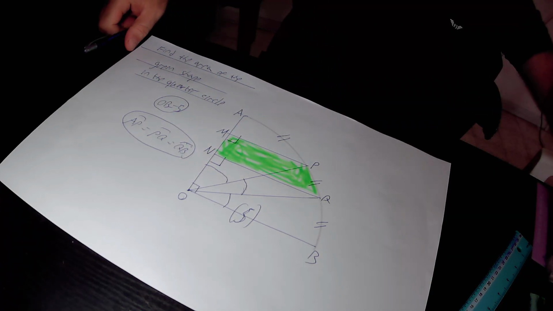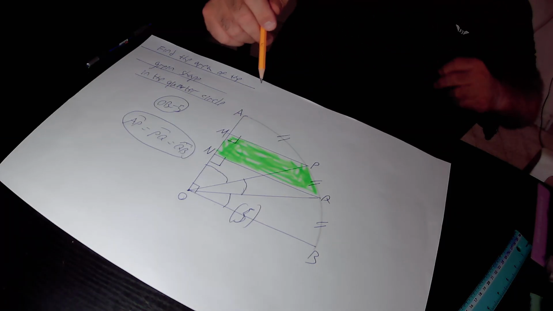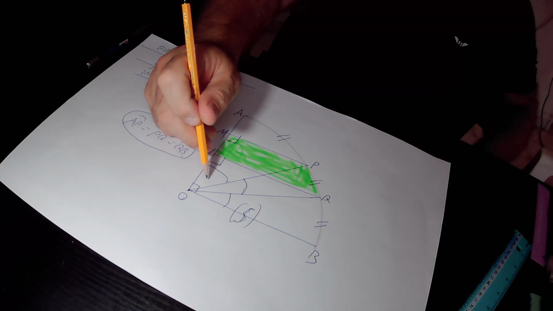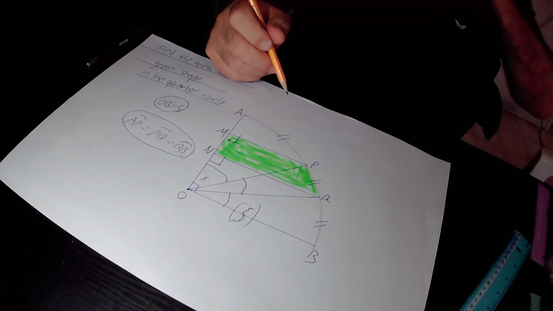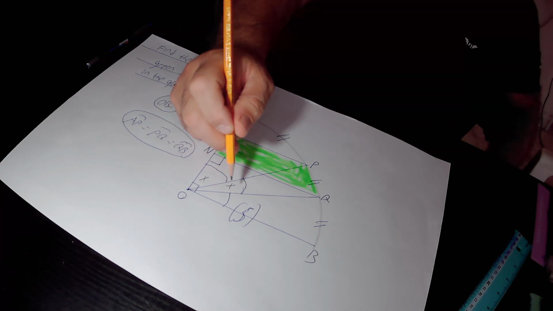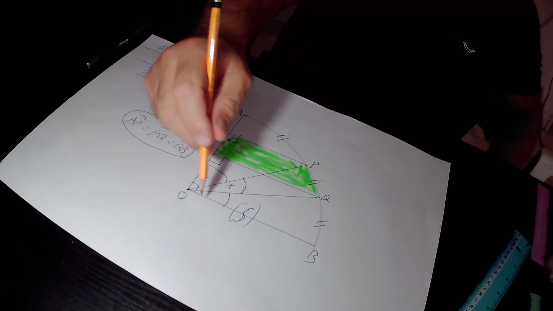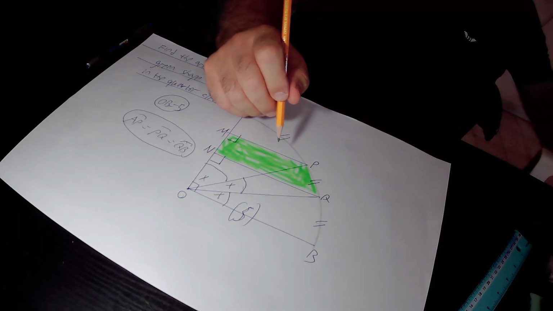So if we define the size of this central angle AOP as x, then the size of this central angle POQ must also be equal to x, and the size of this central angle QOB must also be equal to x, because they are equal to each other according to rule 20.